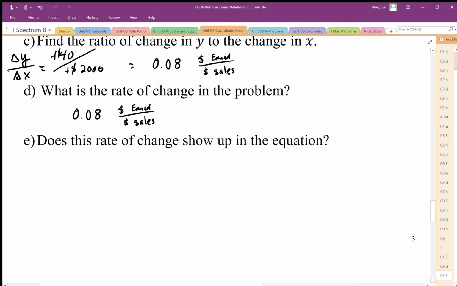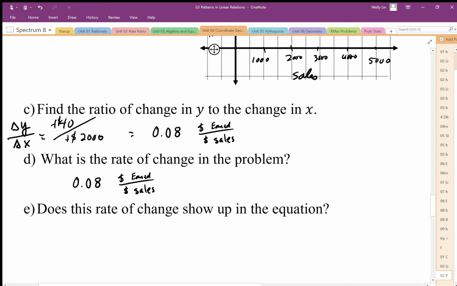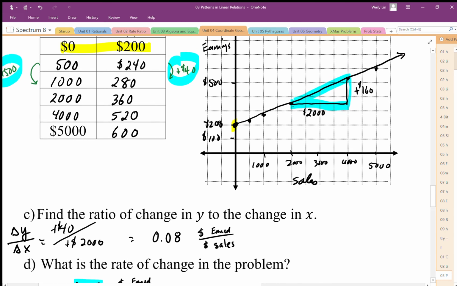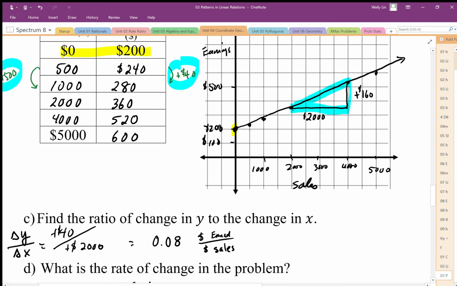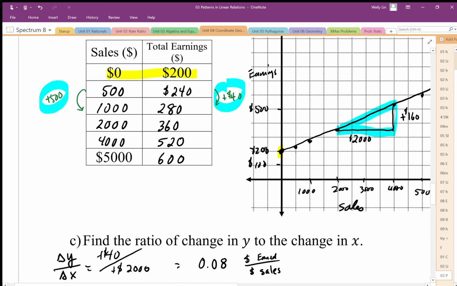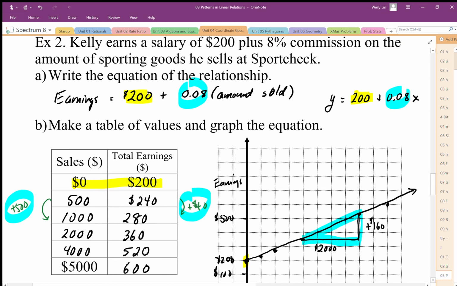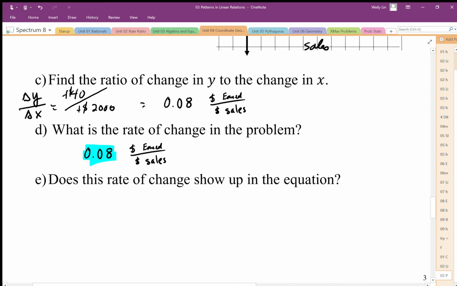Does the rate of change show up in the equation? Well, the rate of change shows up in the triangle in the picture. It's showing up as the ratio of change on the outside of the graph, and it's showing up as a multiplier in my equation. So I better write this down.